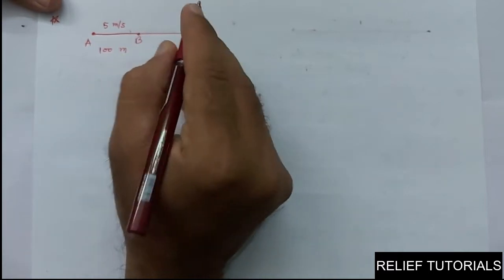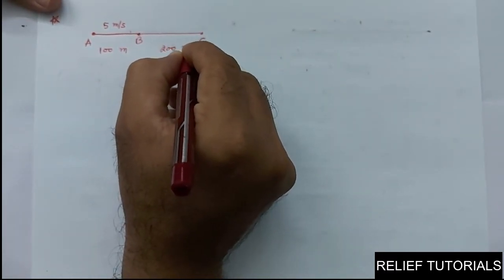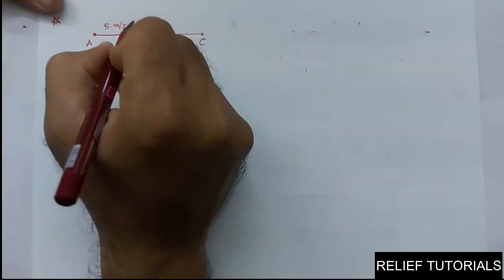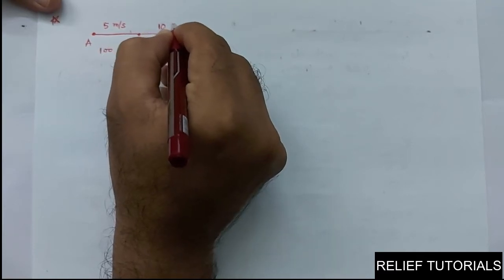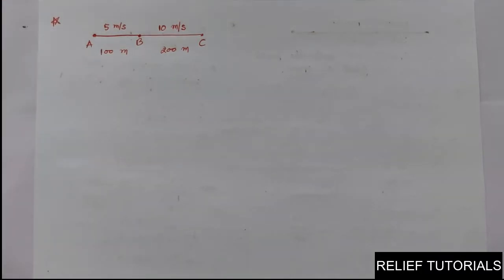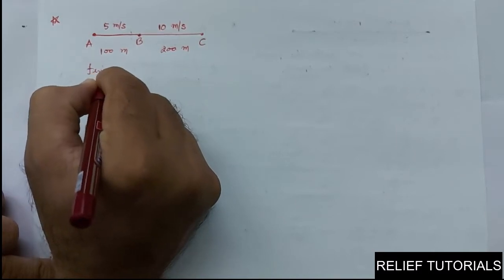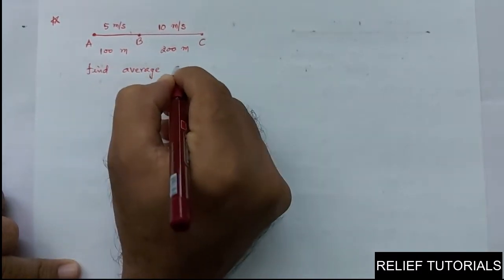Distance between B to C is 200 meter, and the particle travelled this distance with the speed of 10 meter per second. Question is, find average speed.